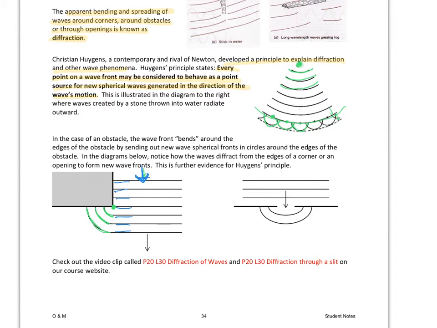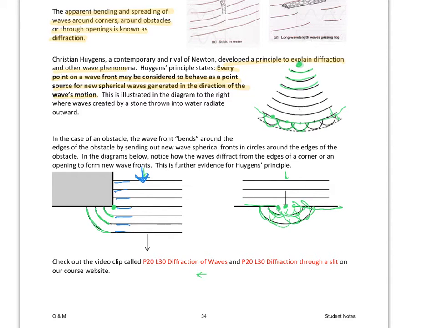Okay, if we have waves moving towards this gap where there's a barrier here, remember we will have a point source, and that can be the kind of radiation through. So we can have our point sources creating more waves, starting our wave again.